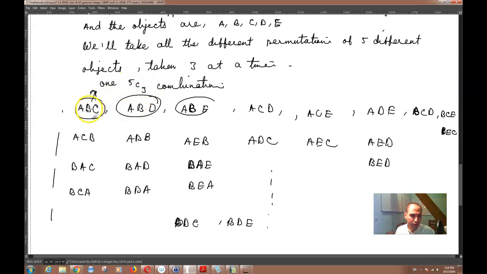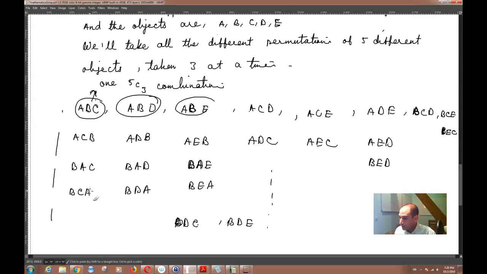So each of these results I can call one 5 combination 3 combination. And if we keep doing the same experiment, all of the results that contain A, B, and C, which would be, for example, one 5 combination 3 combination, the number of each of those would be 6, which is the same thing as 3 factorial.